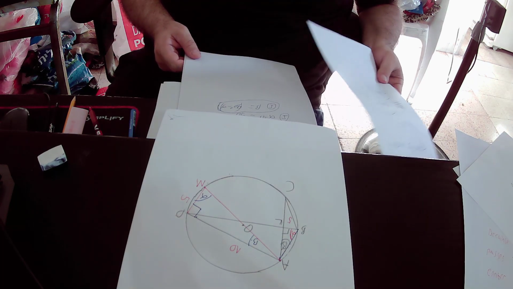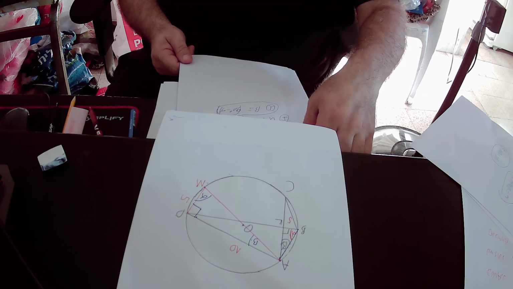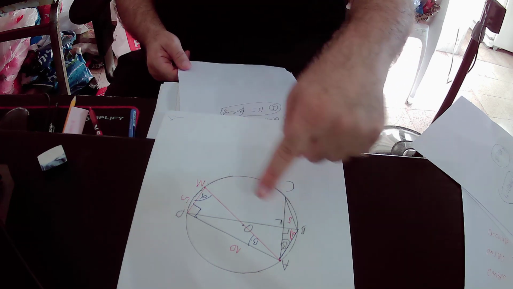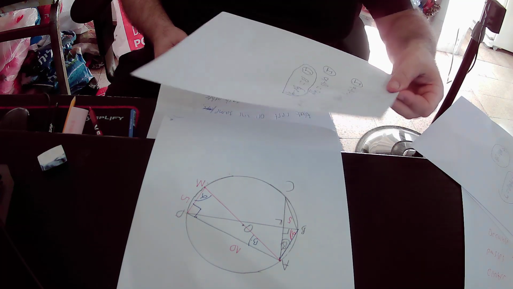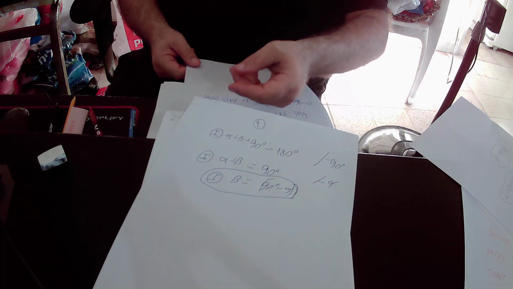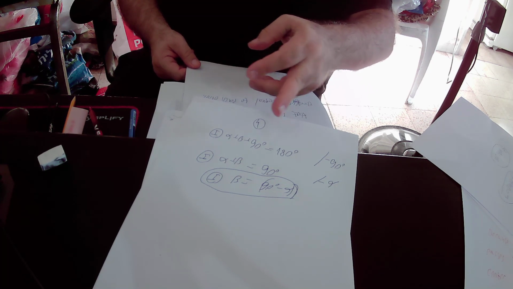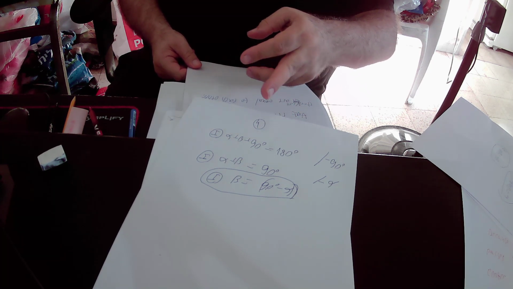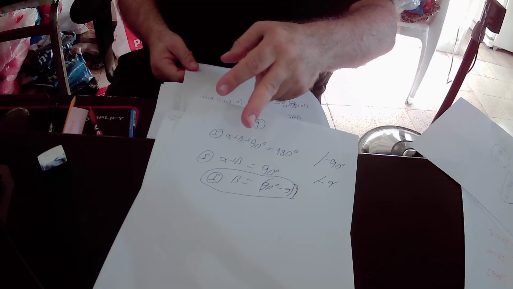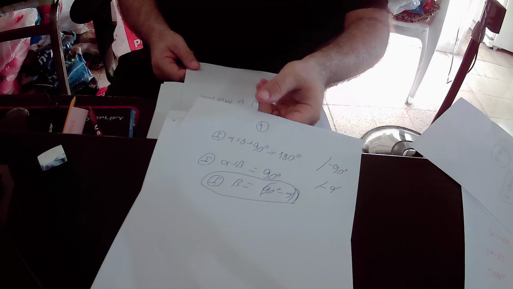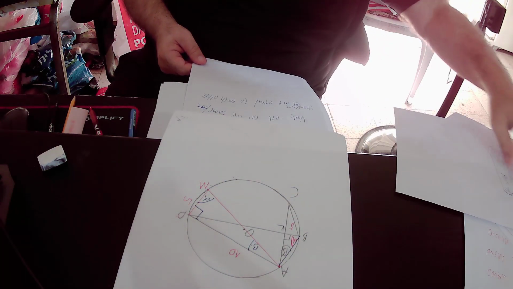So we can write that alpha plus beta plus 90 degrees equals 180 degrees, because the sum of the angles in the right triangle AMD equals 180 degrees. So we got that beta equals 90 degrees minus alpha. That is our first equation.